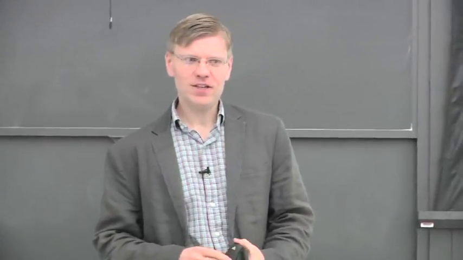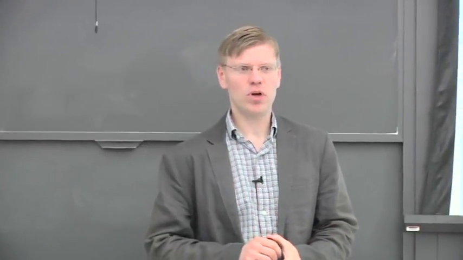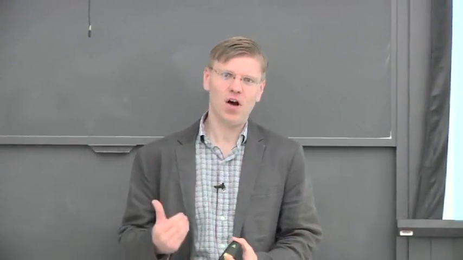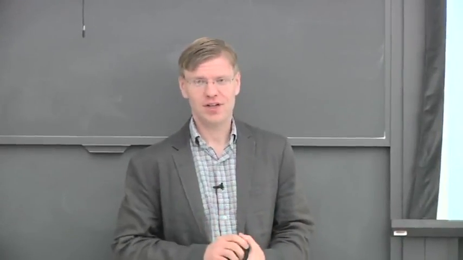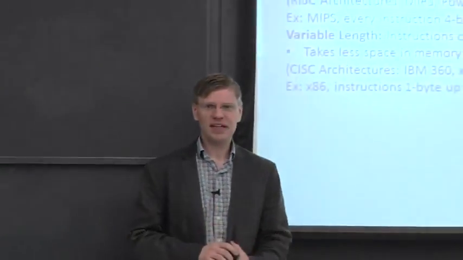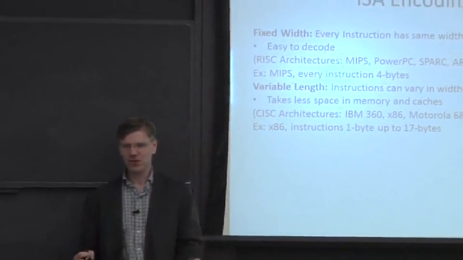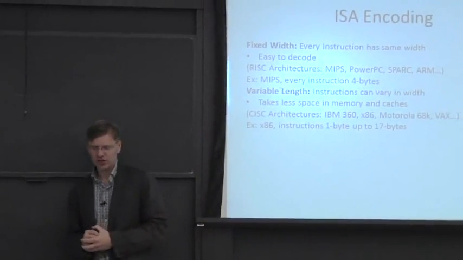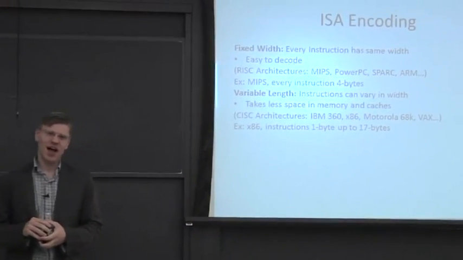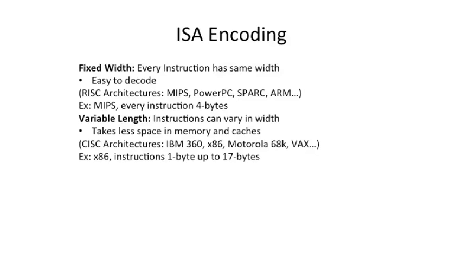And then finally, one of the important things you need to do is come up with the encoding of the different instructions. And there's been a lot of debate on this of should you have fixed width versus variable width instructions. So let's look at a couple different ISAs and see what camp they fall into. So most RISC architectures are fixed width.